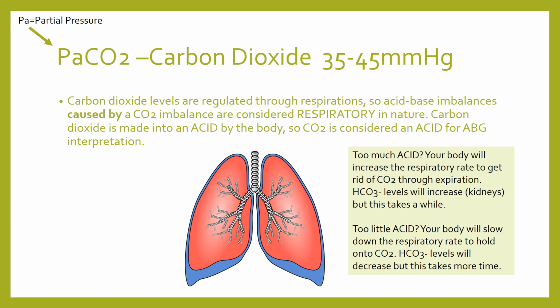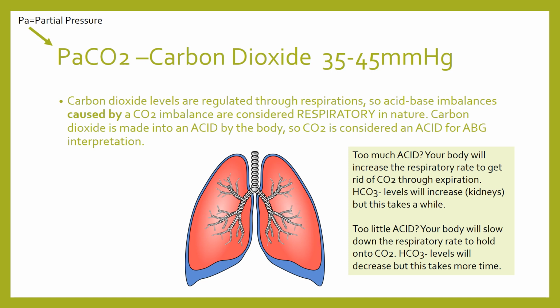Our body controls CO2 levels through respirations, right? If it detects too much acid, it can regulate respirations to get rid of additional CO2 or hold on to it. Carbon dioxide is made into an acid by the body, so with too much acid, your body will increase the respiratory rate to get rid of it through expiration.